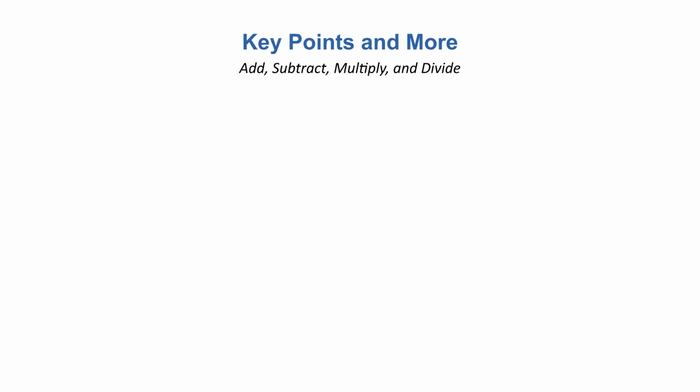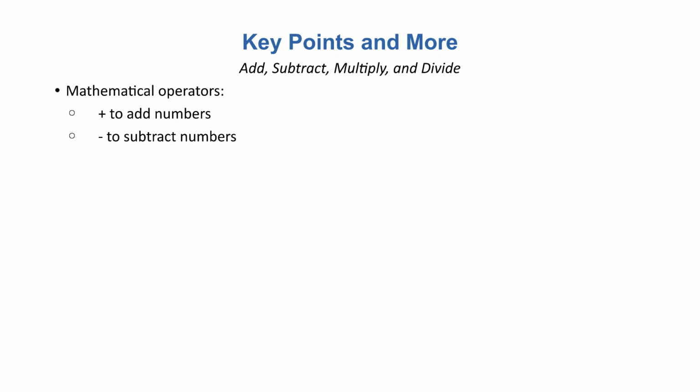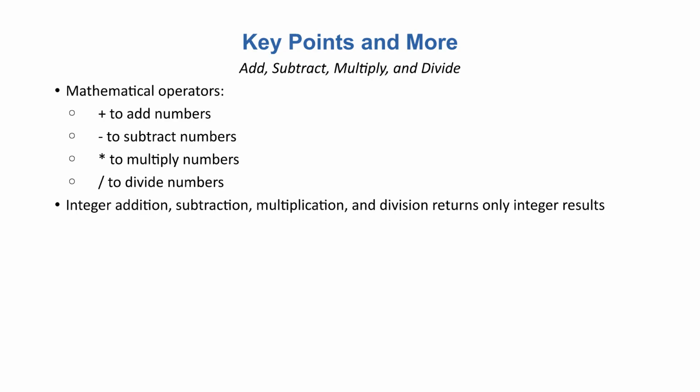Key points and more. Mathematical operators. Use a plus sign to add numbers, a hyphen to subtract numbers, an asterisk to multiply numbers, and a / to divide numbers. Be aware that adding, subtracting, multiplying, and dividing integers returns only the whole integer portion of the results, not the decimal portion.